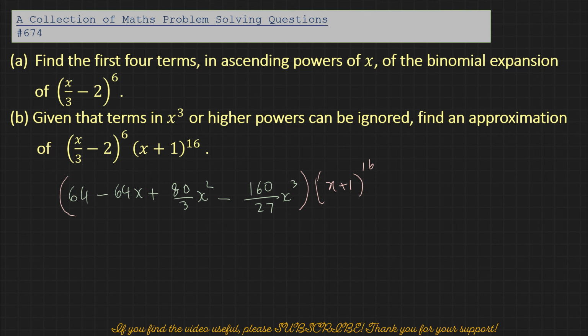Instead of starting with x to the power 16, I can write it as (1 + x)^16, because that will give me 1 plus x squared, going in ascending powers of x.